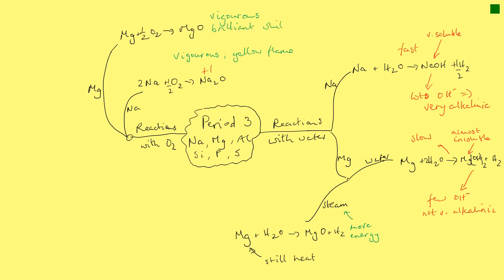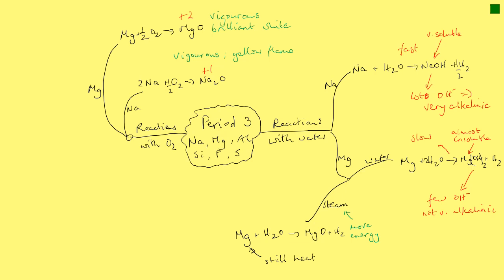And these colours are useful because they allow us to identify the metals. And the oxidation state of magnesium is +2, which is a normal oxidation state. Okay, so that's the magnesium reaction.